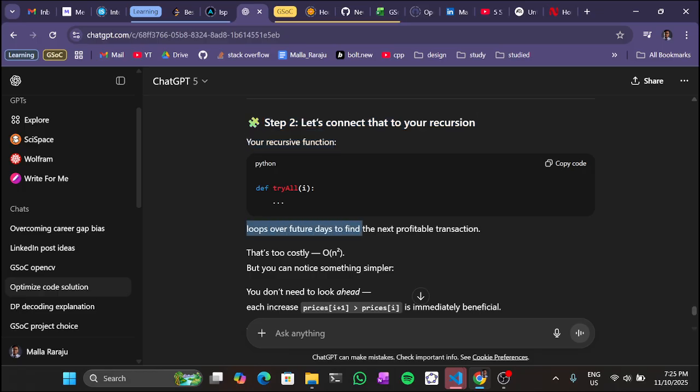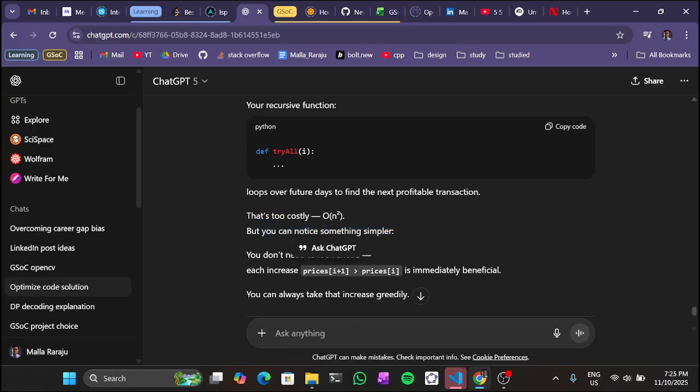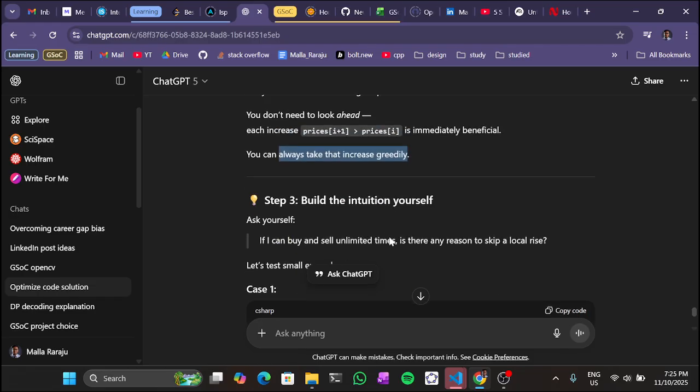Loops or functions can be used to find the next profitable transaction, but you can notice something simpler. You don't need to look ahead. Each increase where i plus 1 is greater than i is immediately beneficial. You can always take that increase greedily.